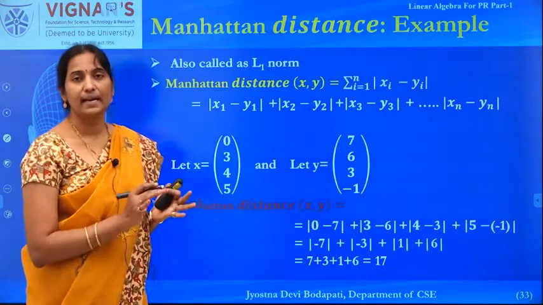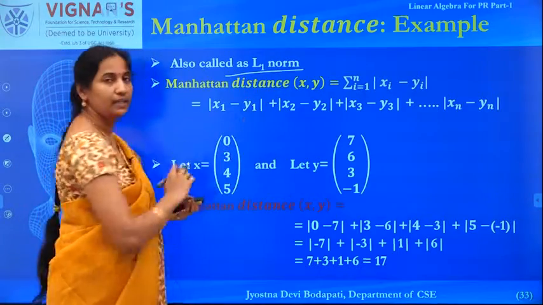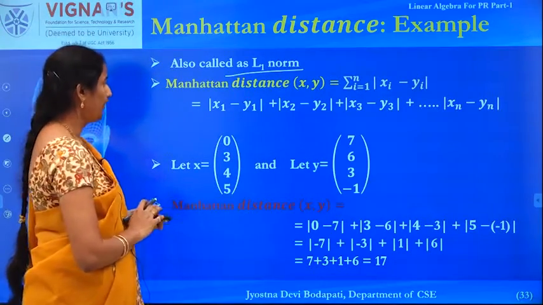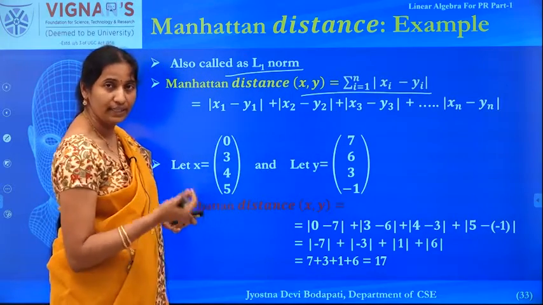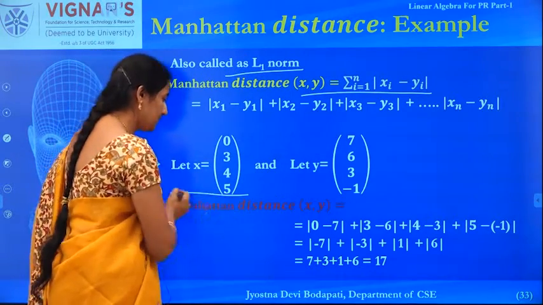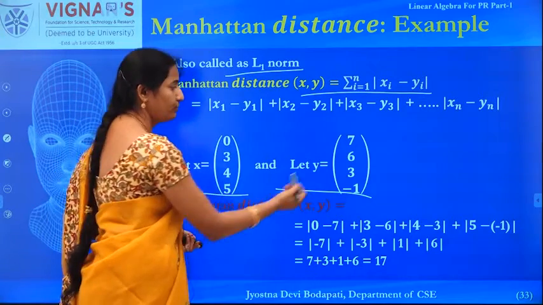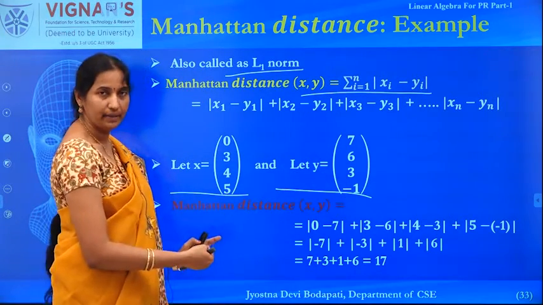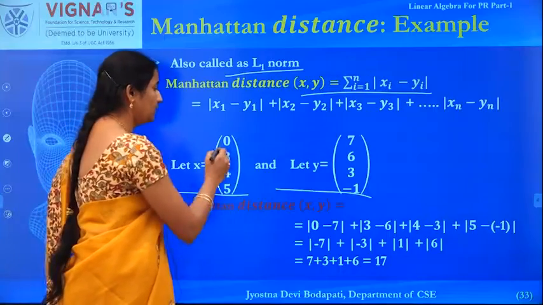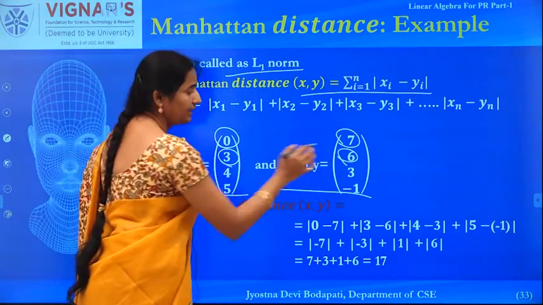Now, let us have an example for the Manhattan distance. Manhattan distance is also called the L1 norm, and this is the formula for the Manhattan distance between the two vectors x and y. Now, consider this example, x and y are the given two vectors: 0, 3, 4, 5 and 7, 6, 3, minus 1. In that case, how do we compute the Manhattan distance? You just take the difference between the corresponding values and consider their absolute values.